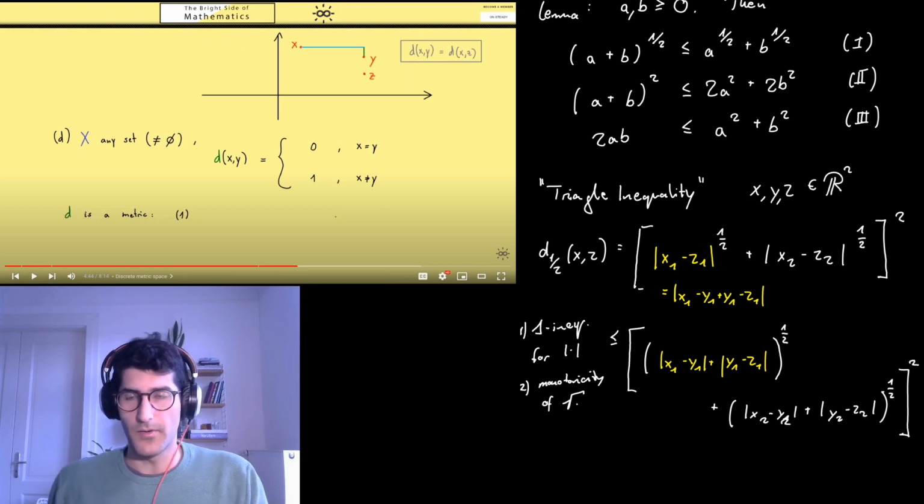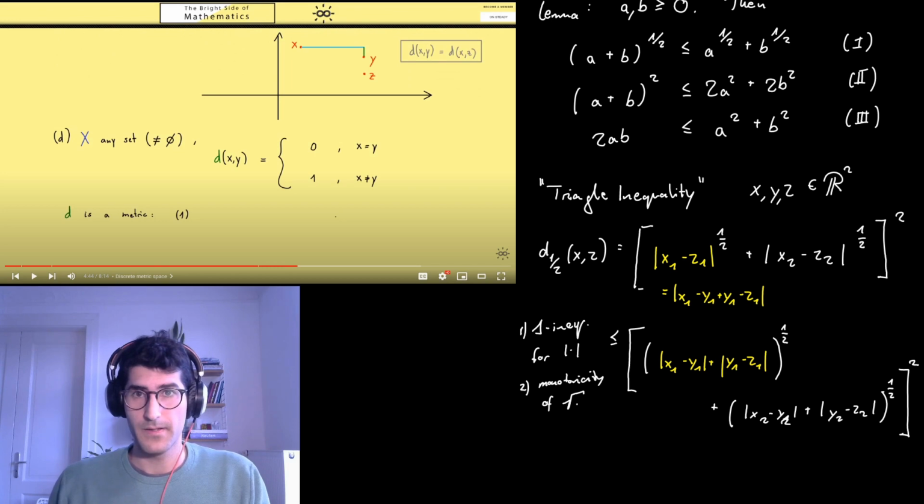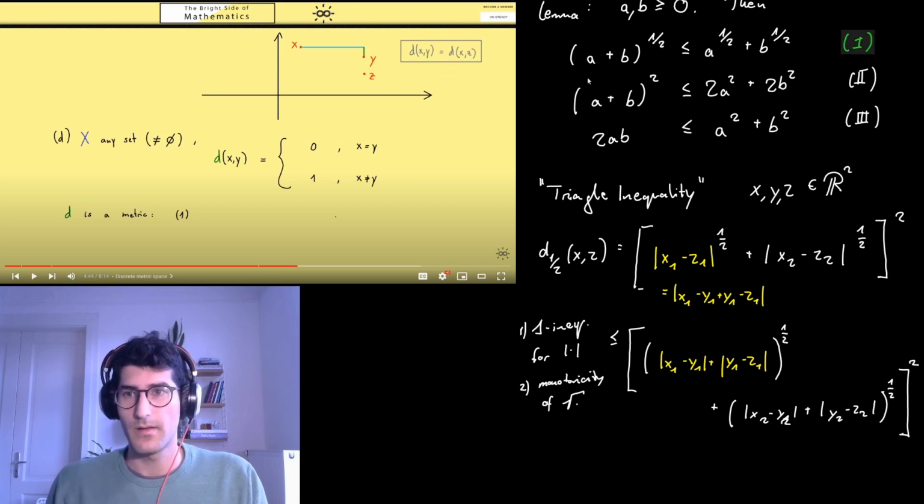Perfect. So now let's see how we can use our lemma from above. So this here was our green inequality, and we can see this inequality may be applicable here as well. So we have a sum of positive numbers, and we have a square root bordering this sum.